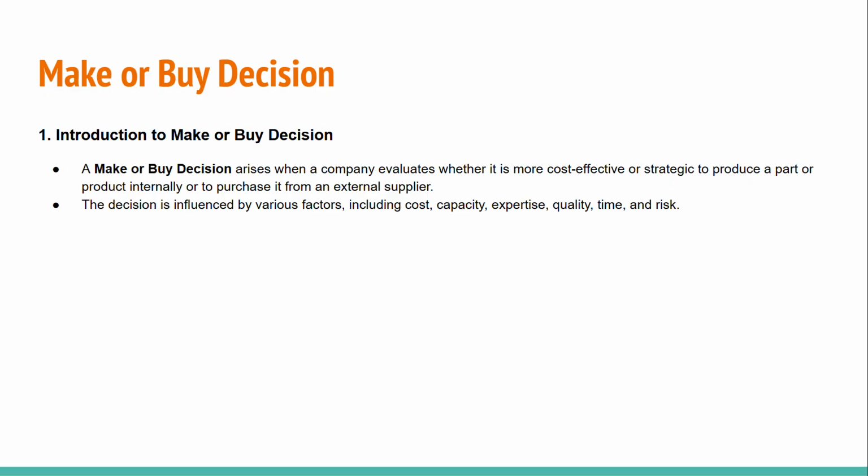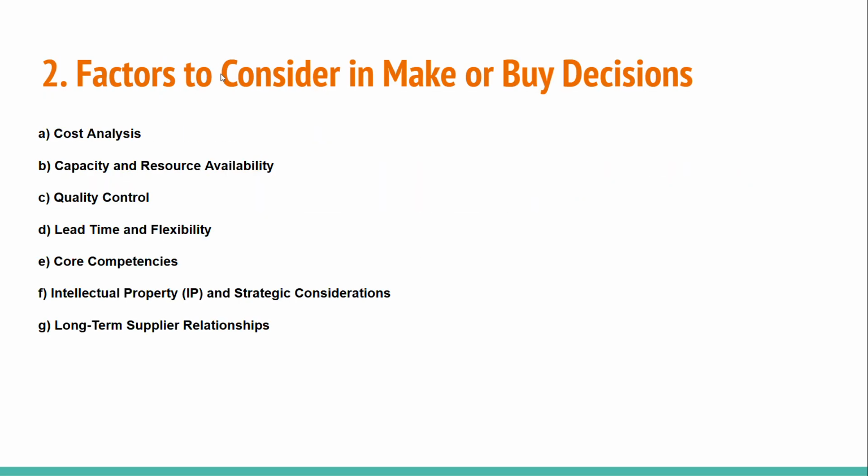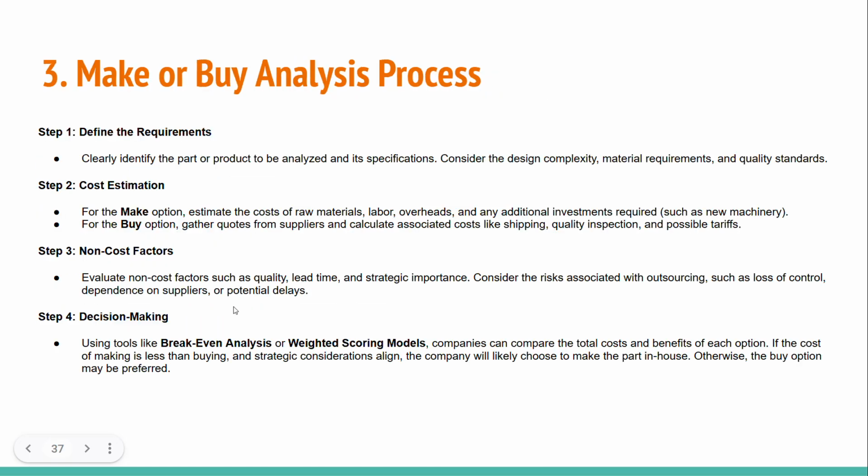Suppose in Nasik, Tata Motors has a lot of vendors. Factors to consider in make or buy decision: cost analysis, capacity and resource availability, quality control, lead time and flexibility, core competence, intellectual property and strategic considerations, long-term supply relationship.